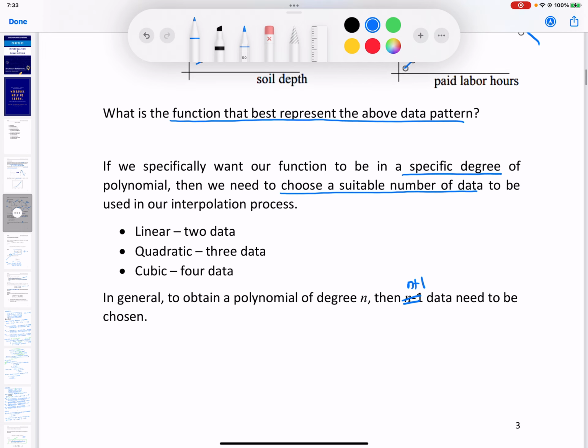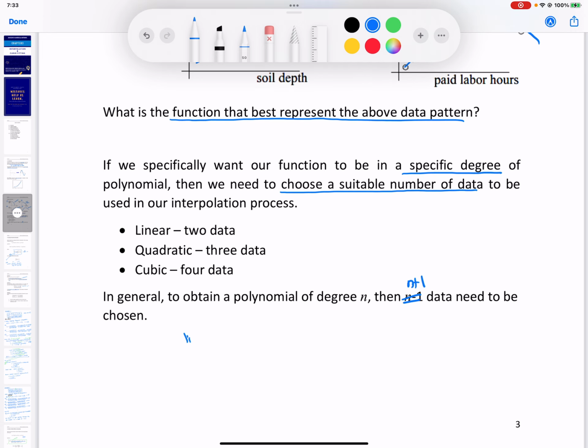So let's say if we want a linear equation, we know that we have y equal to mx plus c. The degree is 1, so the data we need is 2.